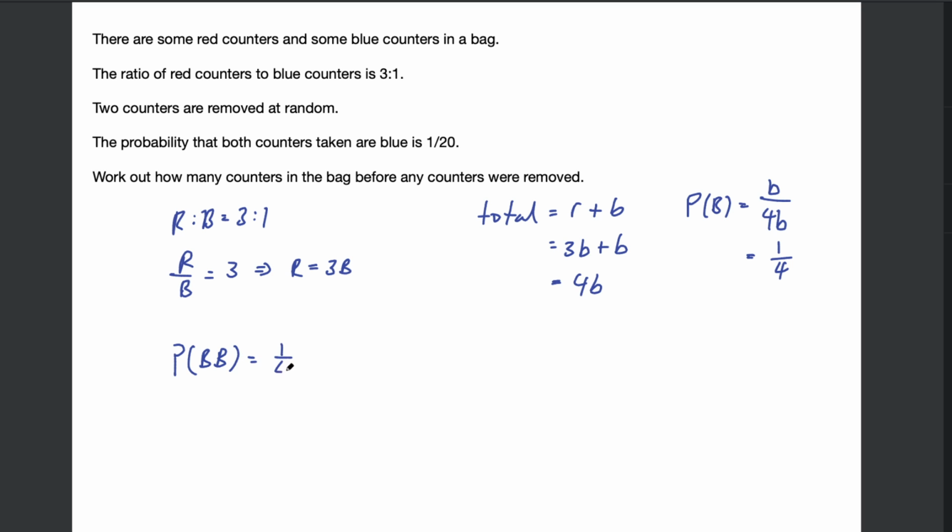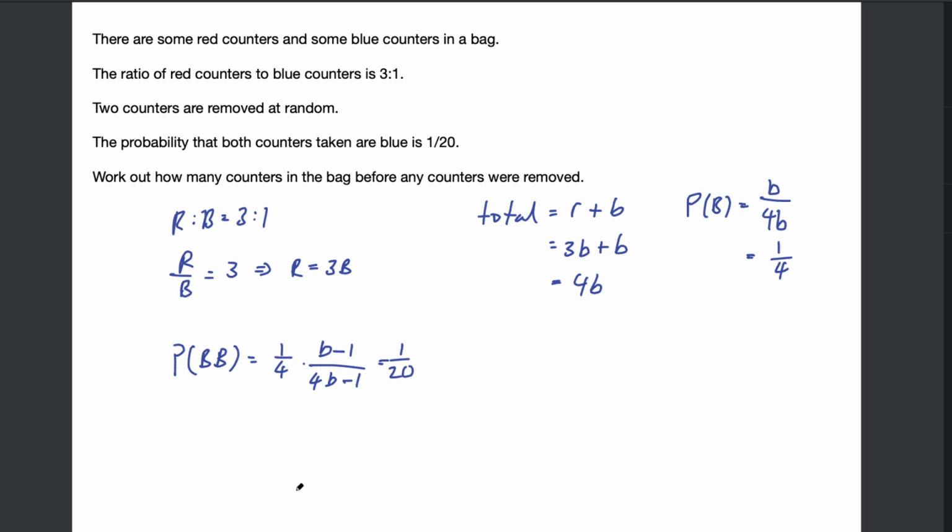The first one's going to be a quarter, but because we're not doing replacement, how do I represent the second blue counter being taken? Well, the number of blue counters would then be B take 1, and the total would be 4B take 1. Total number of counters subtract 1. And this equals 1 out of 20, as they tell us. Okay, so that's how you're setting up your equation.